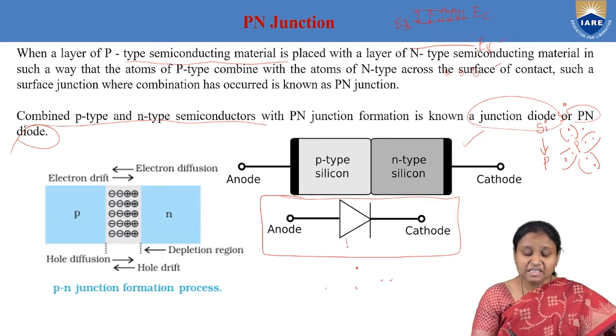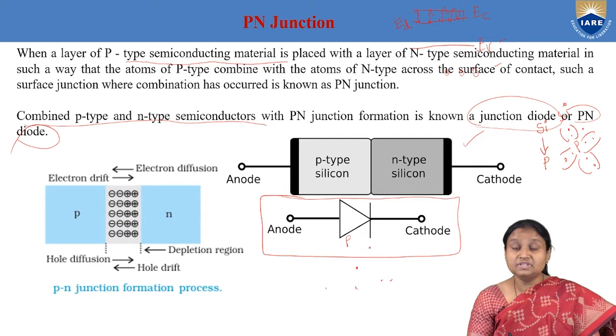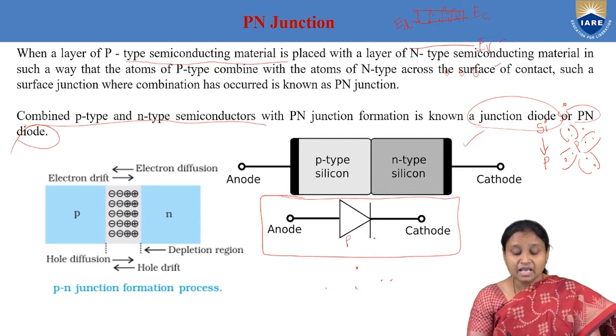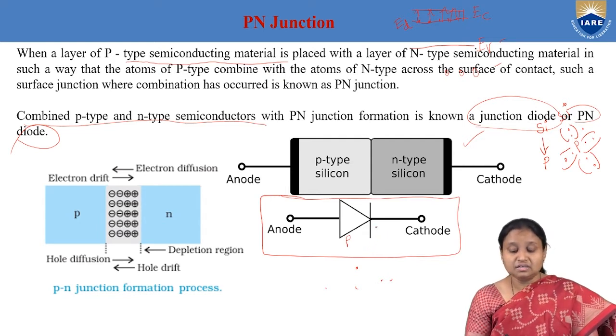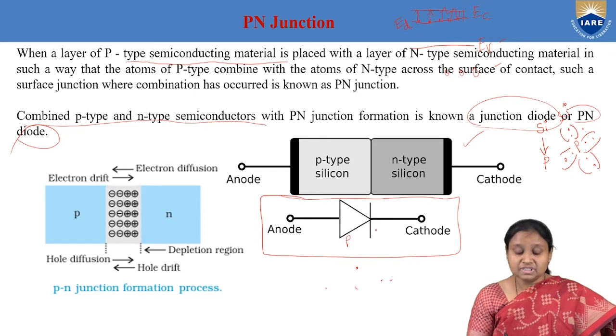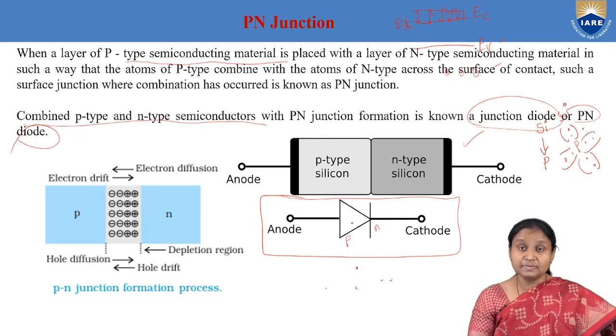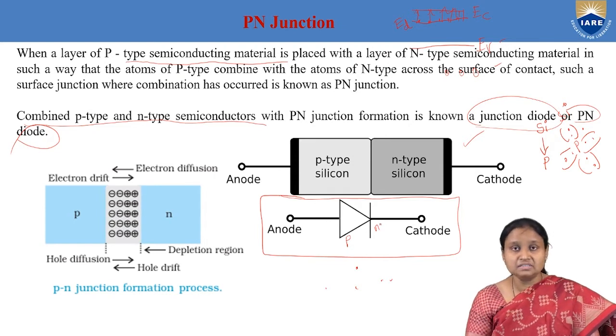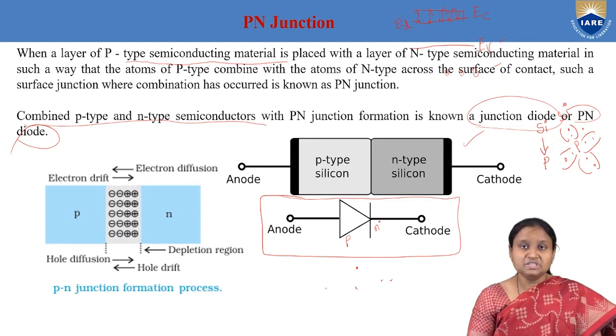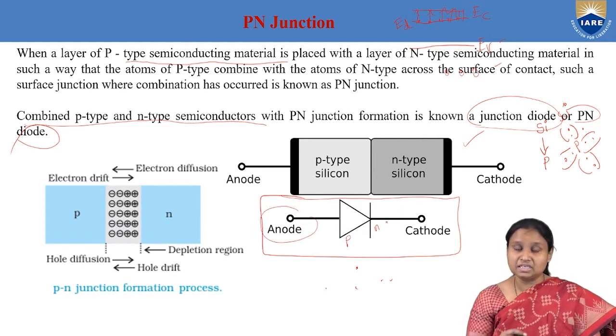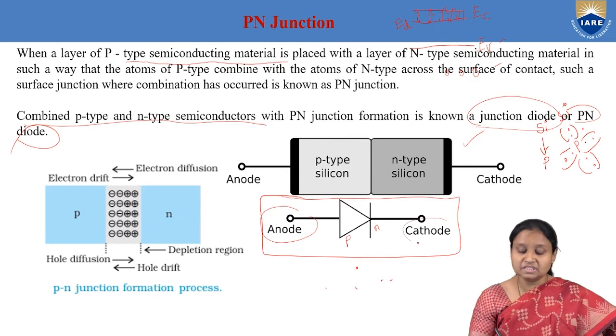So this is the p-type of the p-n junction, which is represented by a triangle. Whereas this vertical line represents the n-type of the p-n junction. So this represents the p side and this represents the n side of the p-n junction, which is a diode. And this p-type represents the anode, whereas this n side of the p-n junction represents the cathode.